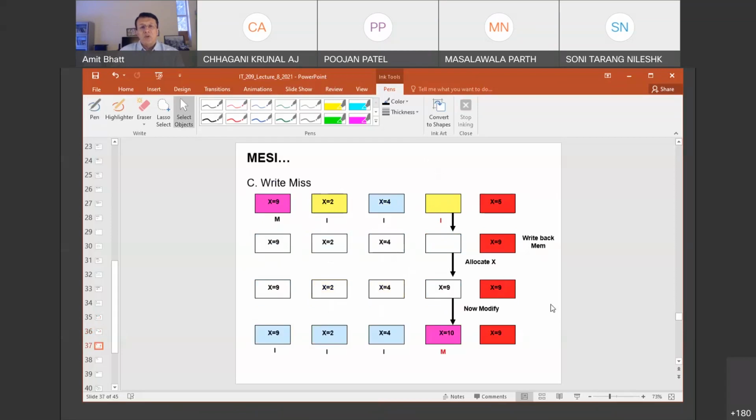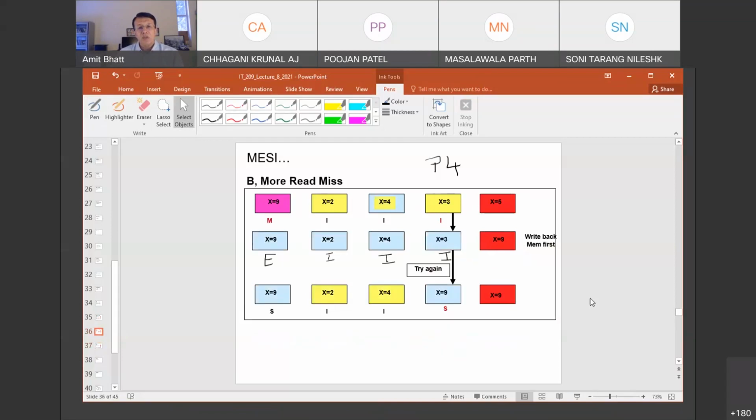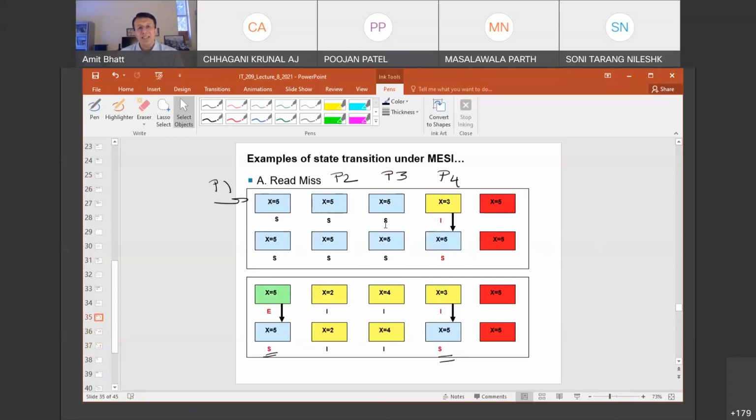Okay, so now we are going to see the write miss. Till now, we were doing read miss, and we saw 3 cases. In the first one, P4's cache was the only one which was invalid. All other caches were valid, so they had the shared flag.